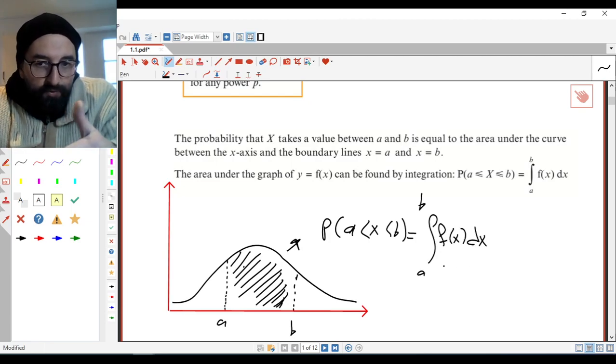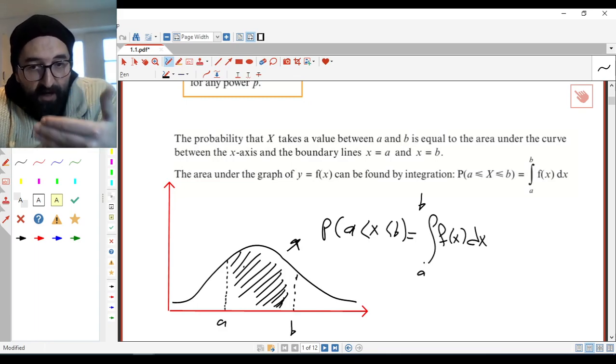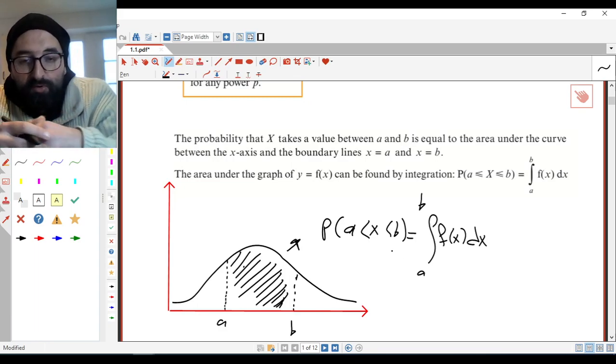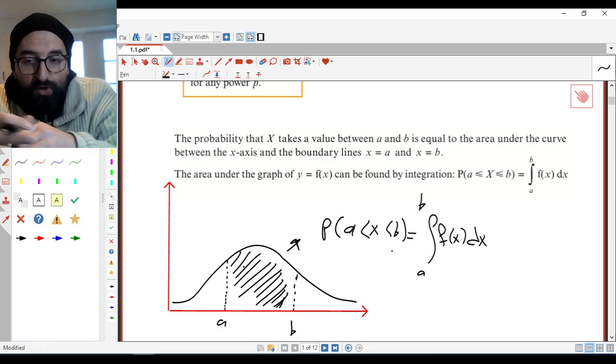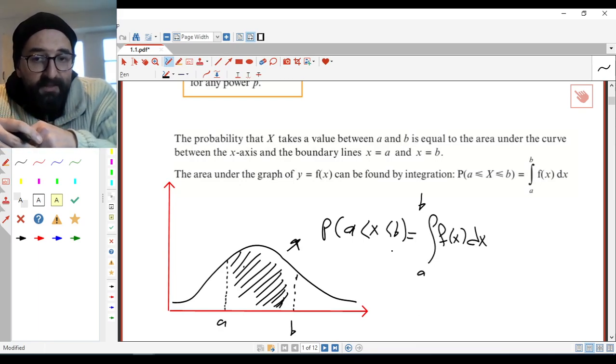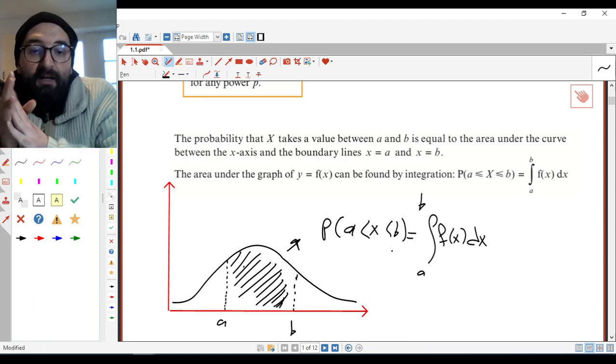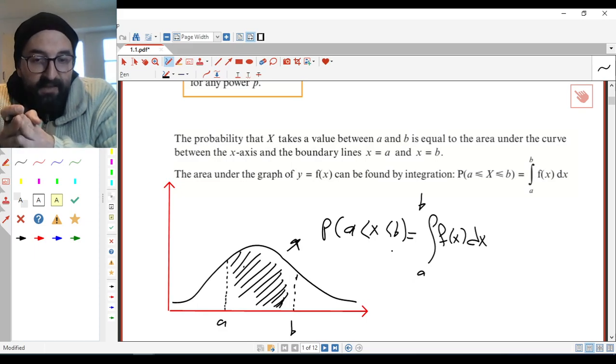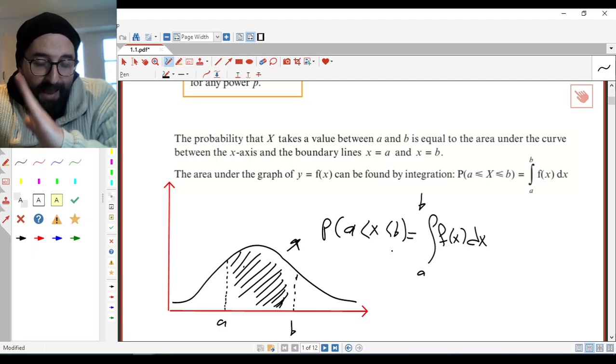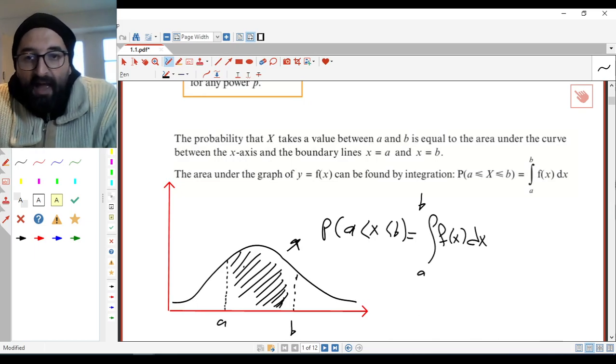But finding this integration is very hard, so we have to use something that makes it easier. At this time, we can use the z table, z values, which transform from x to z.